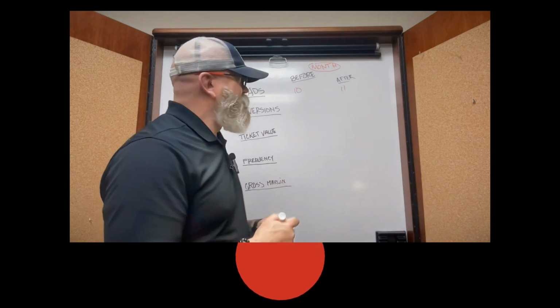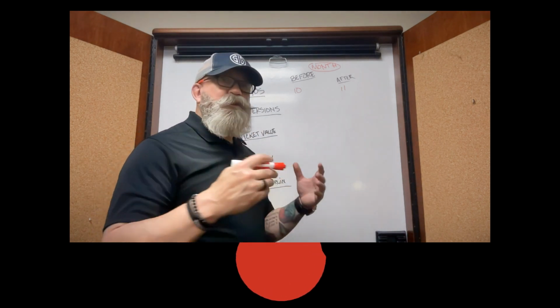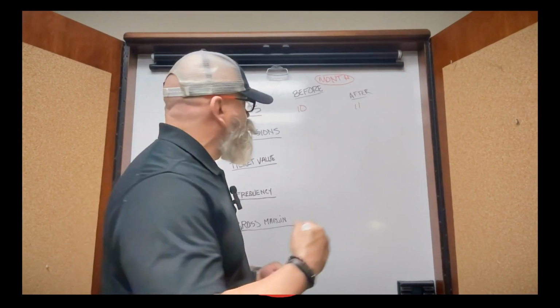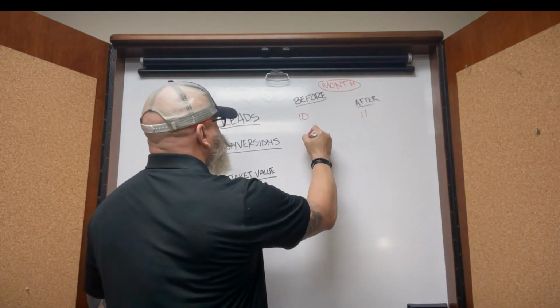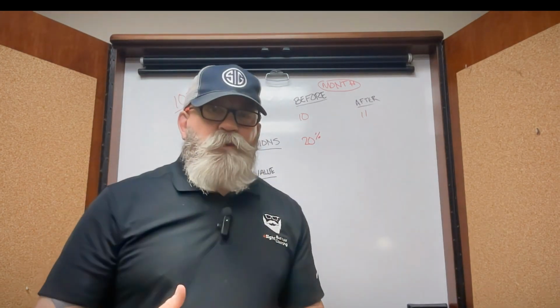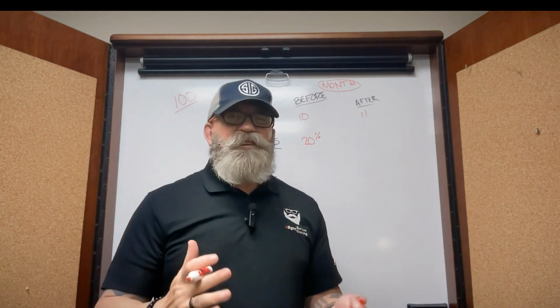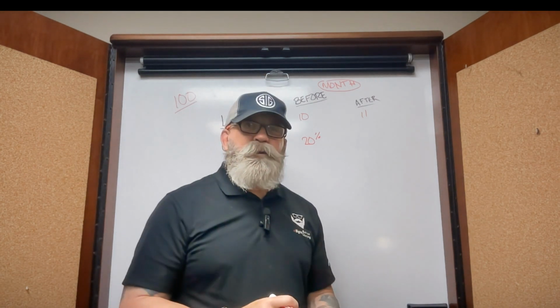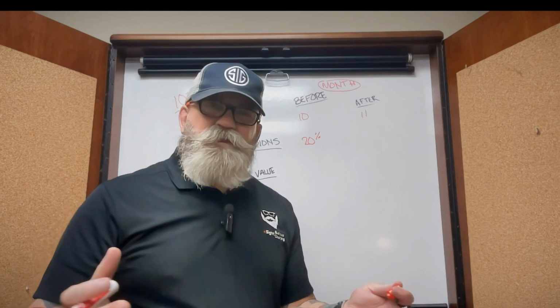Continuing this exercise, let's say before we got really, really intentional, this business was closing 20%. Let's just pick a very conservative number. So 20%, 1 in 5, they're able to close. And with the strategies that we work on, we improve the efficiency, they're closing better, and they're more efficient.